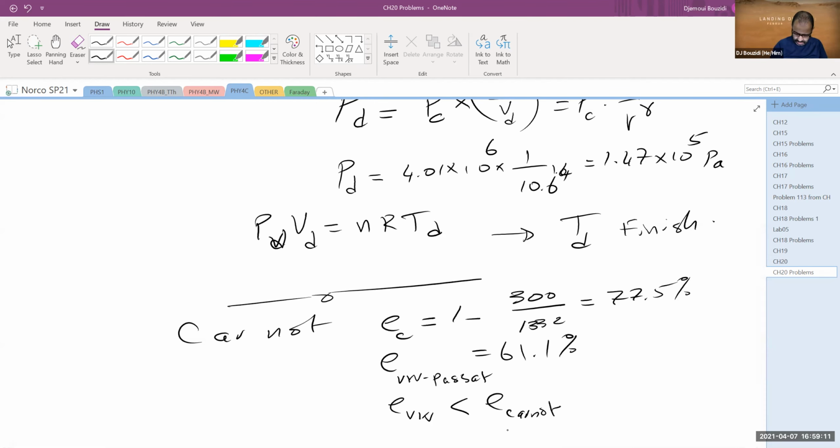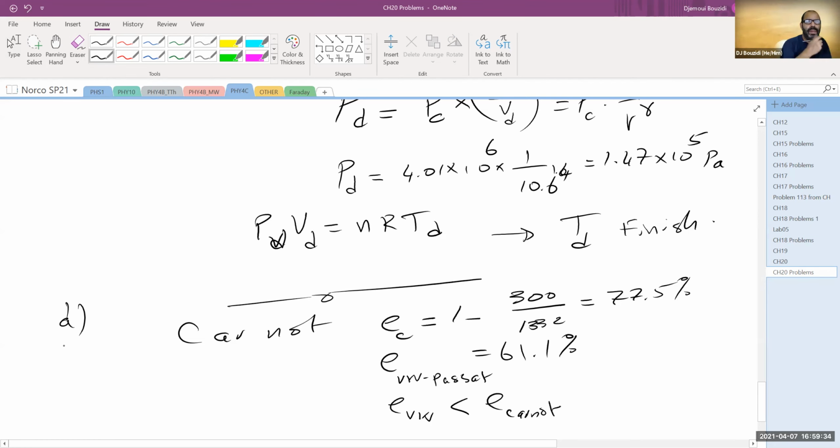I don't know if this question is asked or not. Compare the efficiency. Oh yeah, that's question D. Compare the efficiency of this engine with the efficiency of a Carnot cycle operating between the same maximum and minimum temperatures. So this is a comparison, and this is typical.